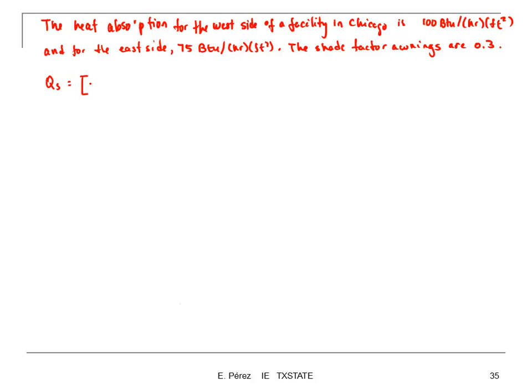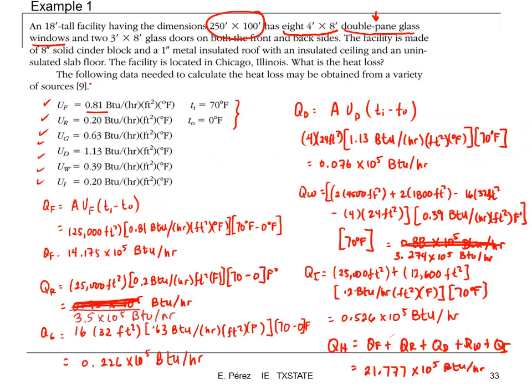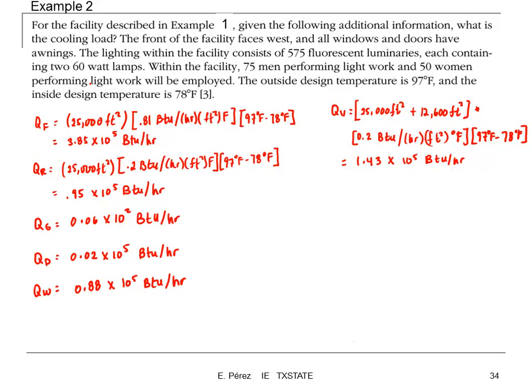So remember, we have four times 8 double pane glass windows and 3 times 8 glass doors located on both the back side and the front side of the facility. So those are the areas that we're going to need.